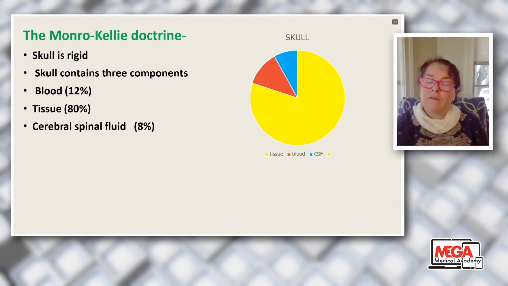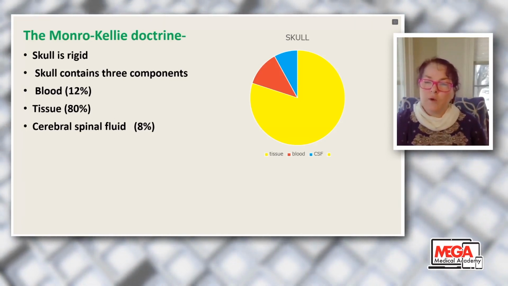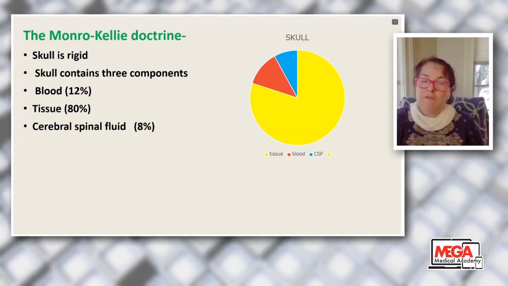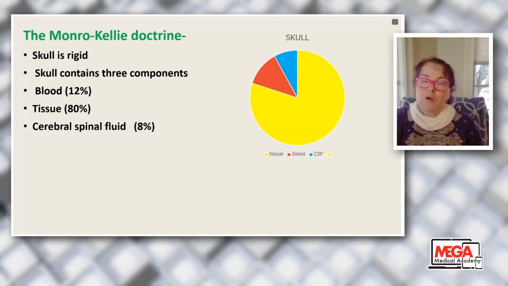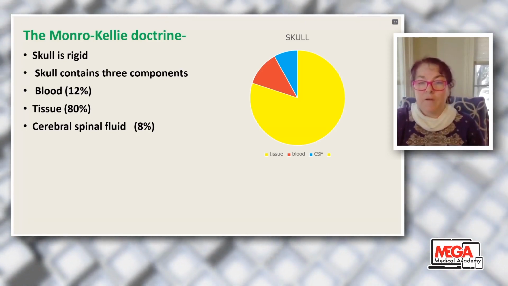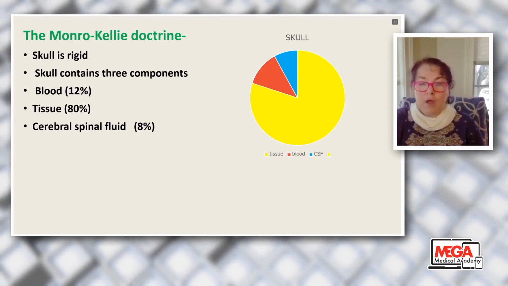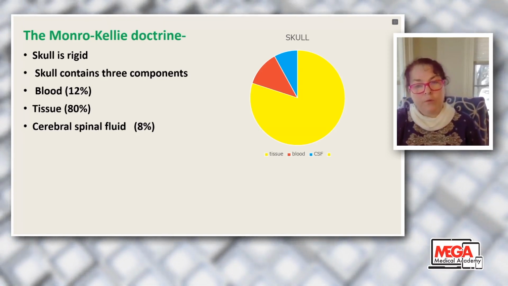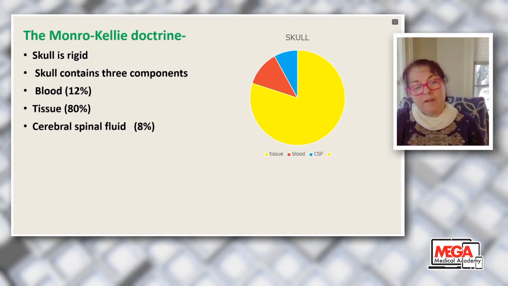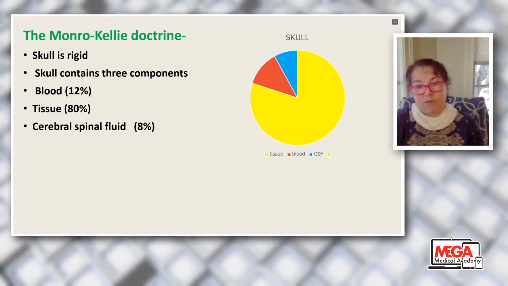What this says is that the skull is a rigid container, and in this rigid container you're going to have 3 components. You're going to have the tissue component, which makes up roughly 80% of the space. You're going to have the blood component, which makes up about 12% of the space, and the cerebrospinal fluid component, which makes up about 8% of the space.